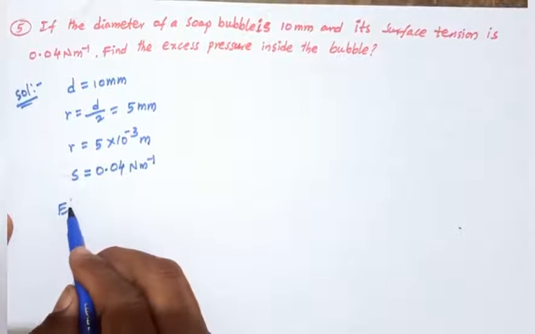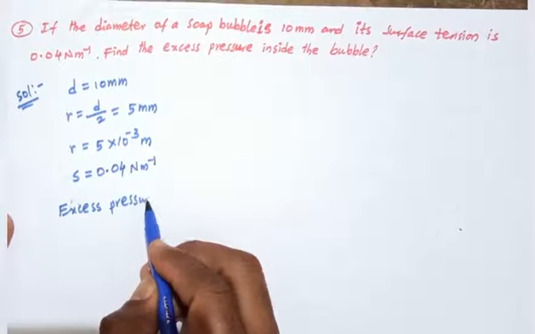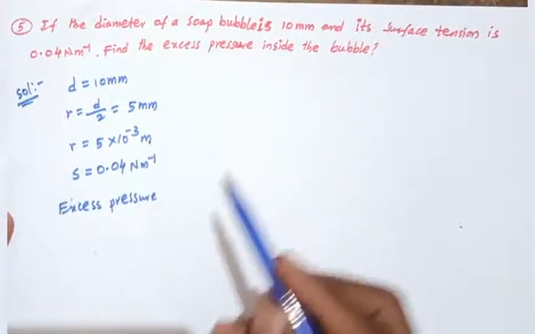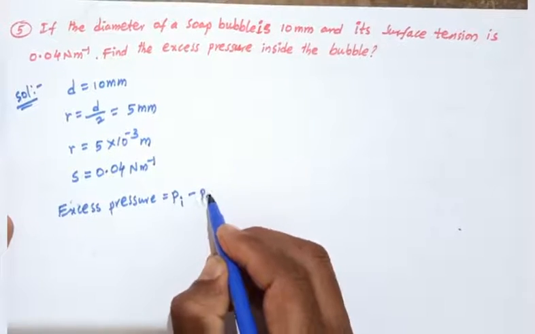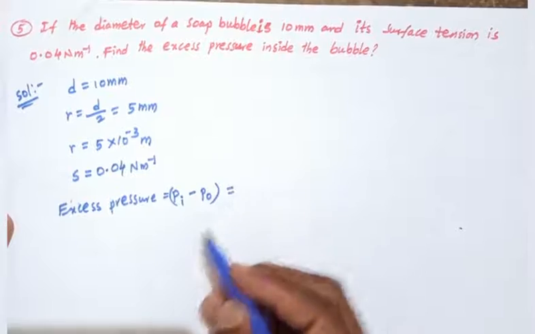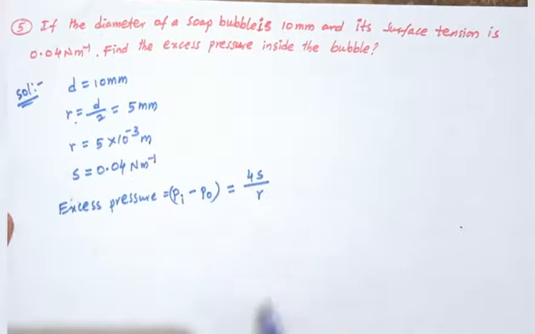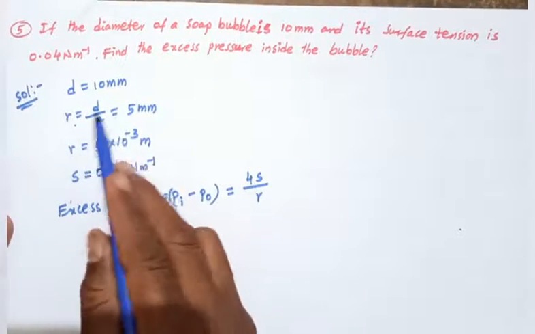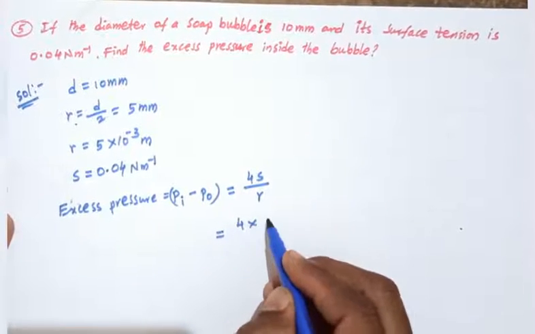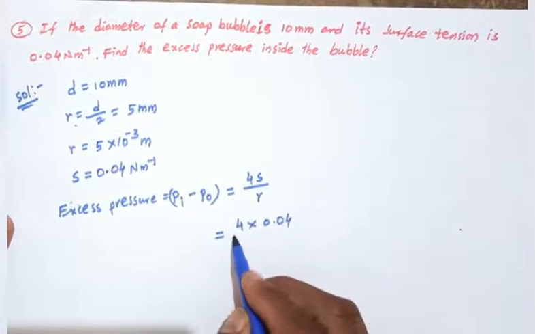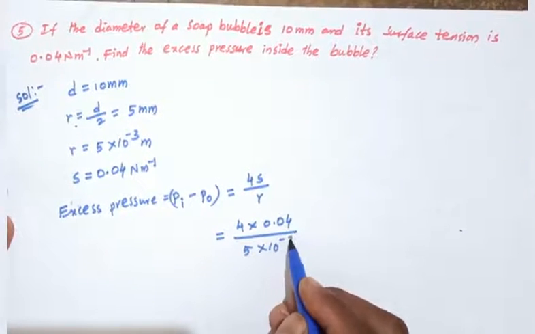So then the excess pressure equation. It is a soap bubble, so Pi minus Po equals 4S by R. Okay, 4S by R. So here 4 into 0.04 divided by R equals 5 into 10 to the power of minus 3.